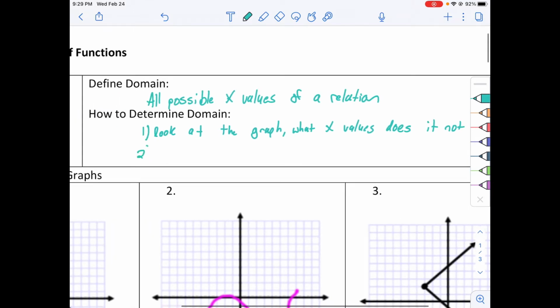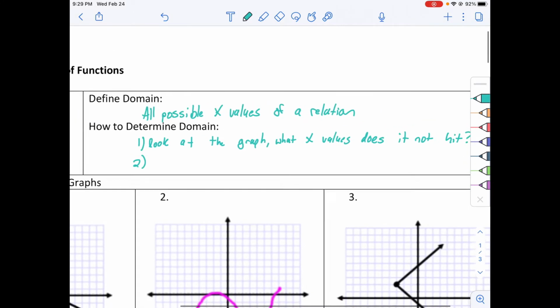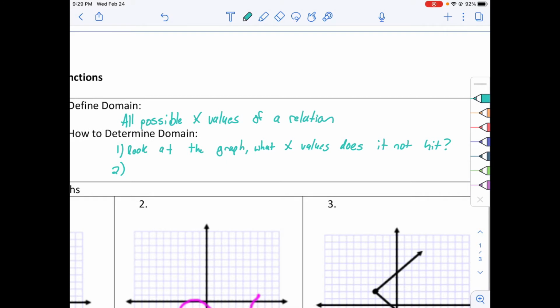The second way to determine domain, if there is no graph, you have to ask yourself, what x values can I not plug into this function? So that's the other way. So what x values cannot get plugged into this function, or into the function?